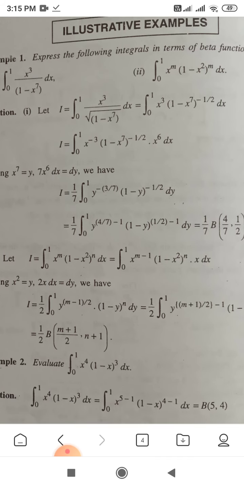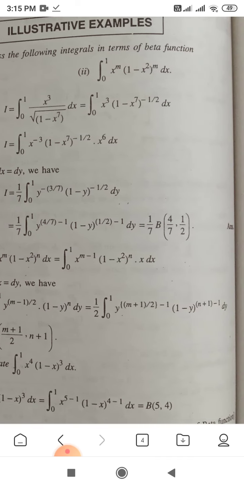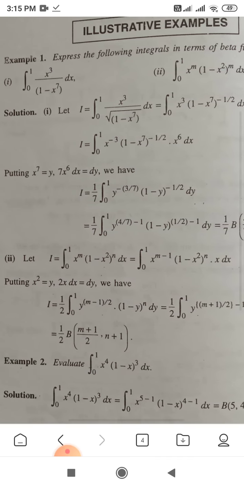So comparing this with the formula beta mn, m is equal to 4 by 7 and n is equal to 1 by 2, and the coefficient outside the integration is 1 by 7, so it is written as 1 by 7 beta 4 by 7 and 1 by 2. This is the solution of this problem.